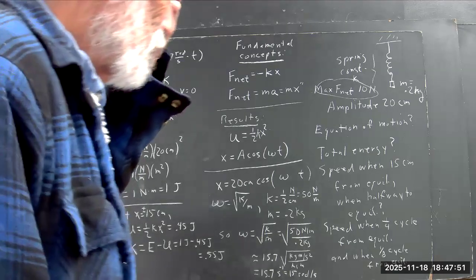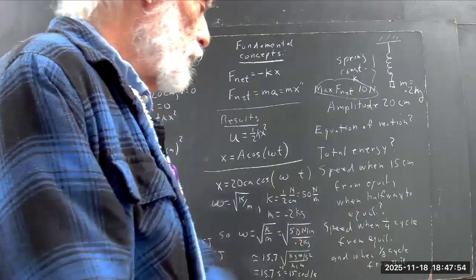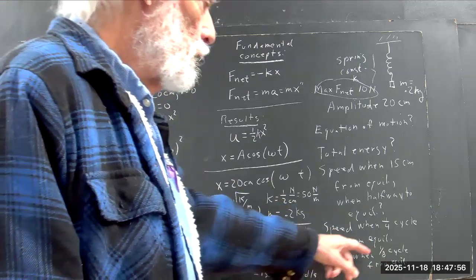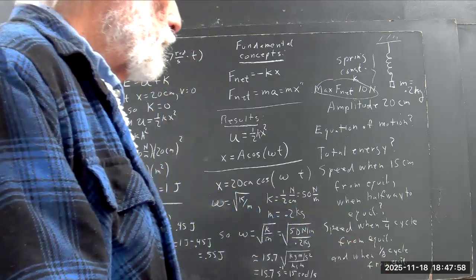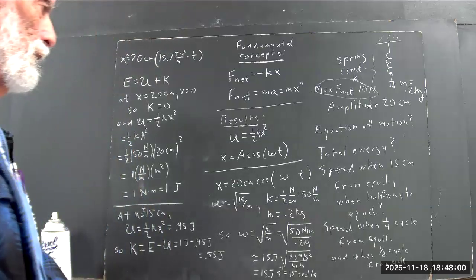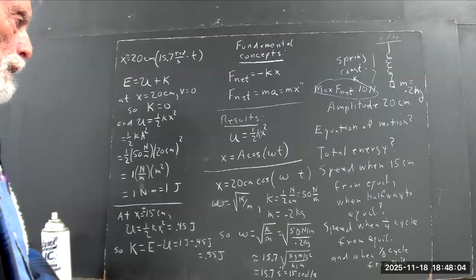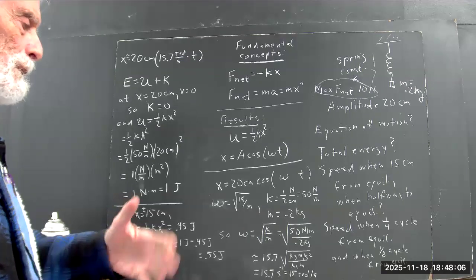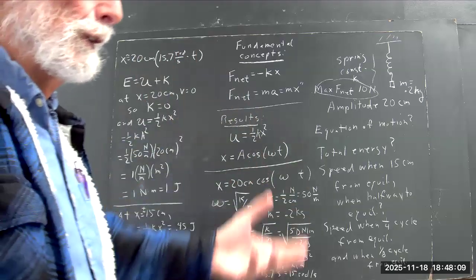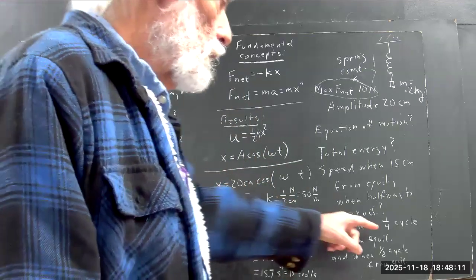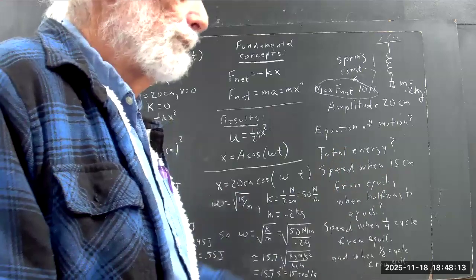Now, speed when you're a quarter cycle from equilibrium, speed when you're an eighth of a cycle from equilibrium. What that means is, it's not worded quite correctly, but the cycle is measured in time. So a quarter of a cycle would be a quarter of the period.